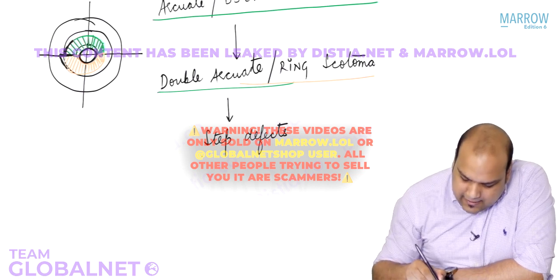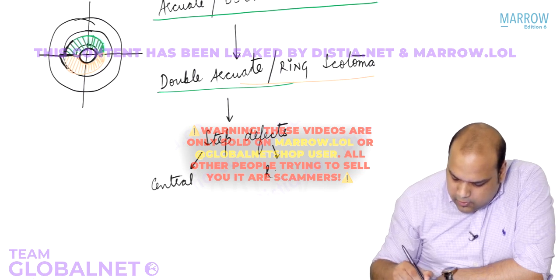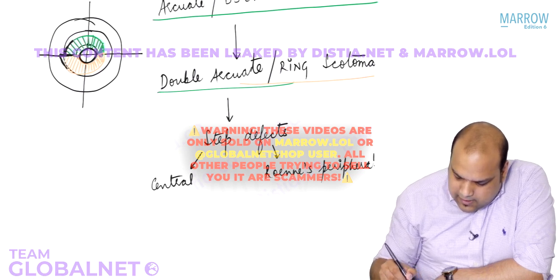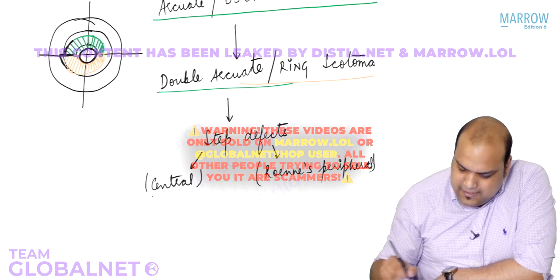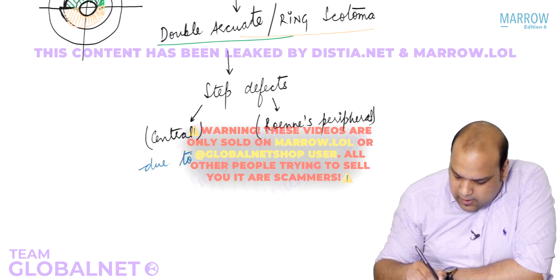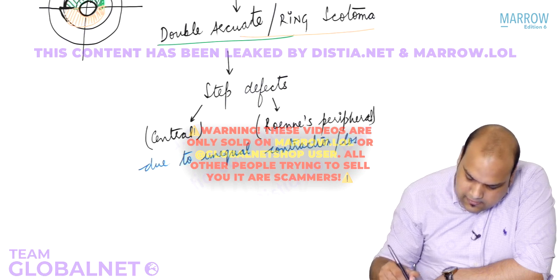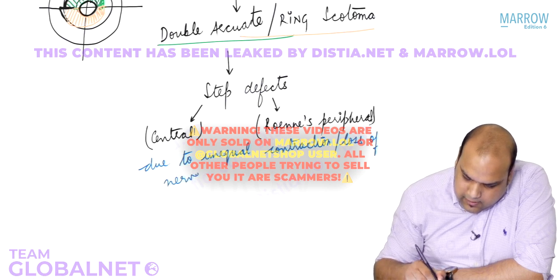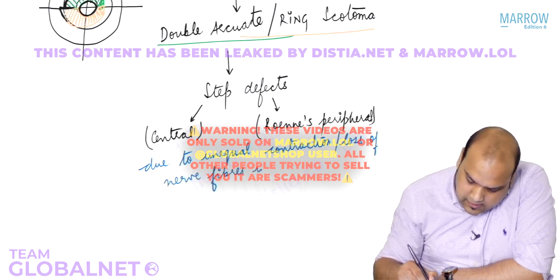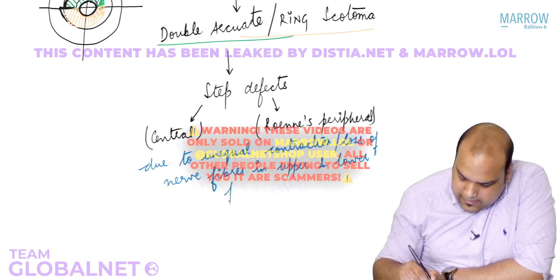So step defects can either be central step defects or peripheral step defects. Either they can be seen centrally or they can be seen peripherally. But why do they occur? Due to unequal contraction or loss of nerve fibers in upper and lower parts.